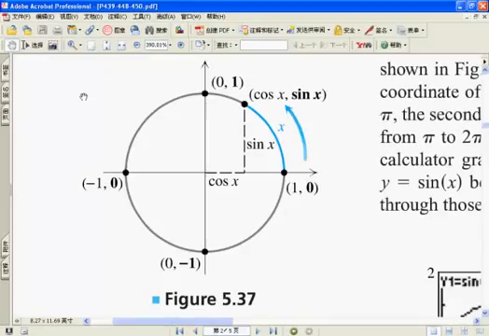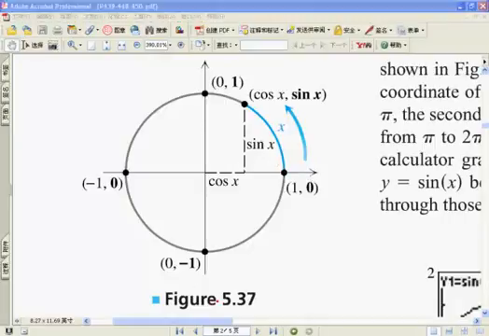Now let's look at Figure 5.37 on page 447. This is your angle x, right? As x increases, first we are here, so the sine of x is equal to 0.